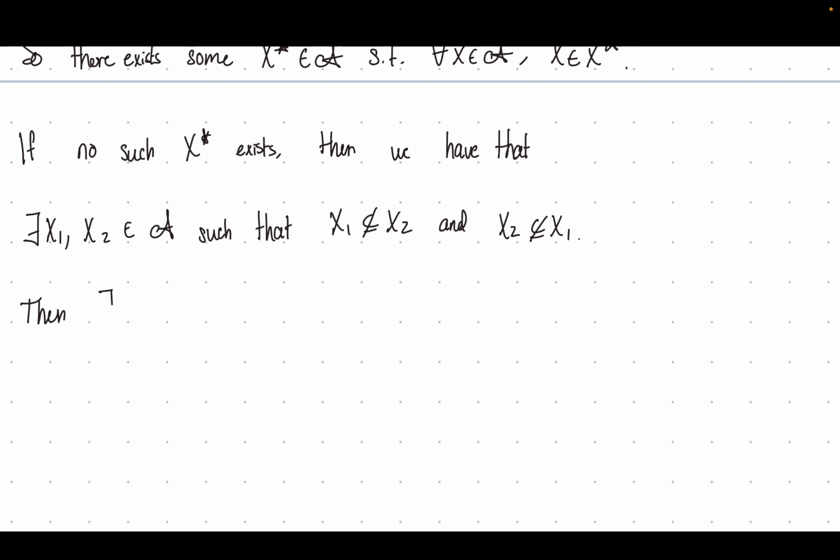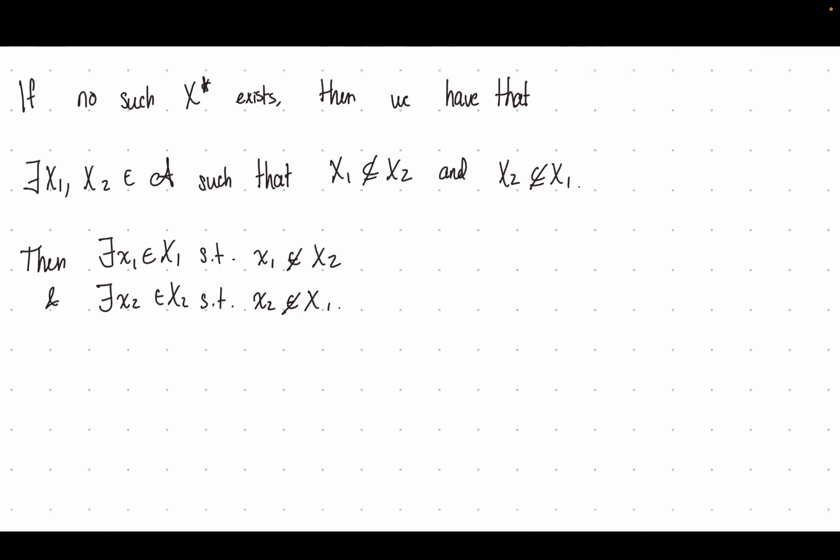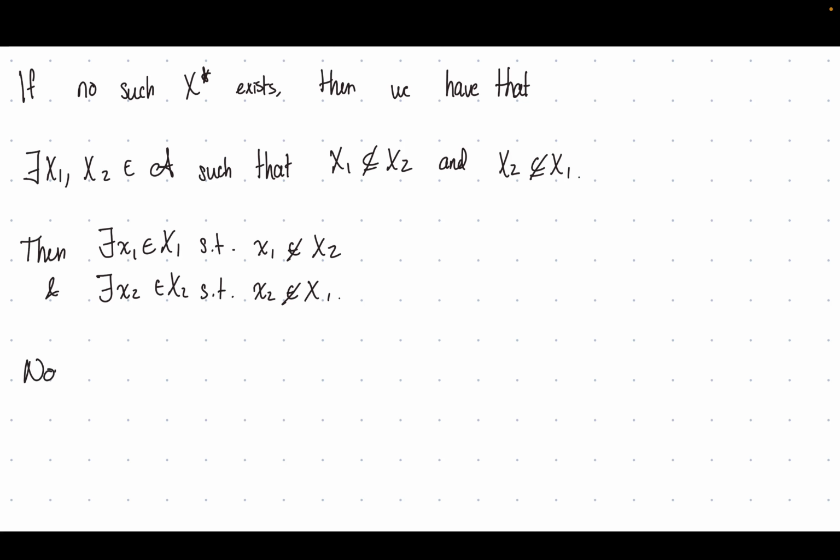Then there exists little x1 in big X1 such that little x1 is not in X2, and that's not the notation we use here. And there exists a little x2 in big X2 such that little x2 is not in big X1.